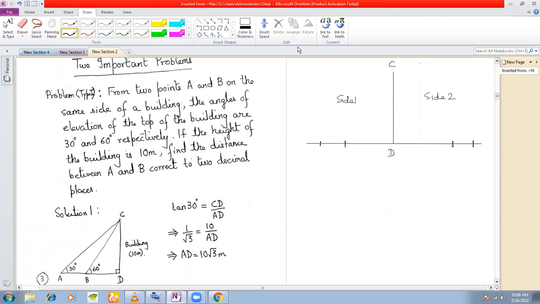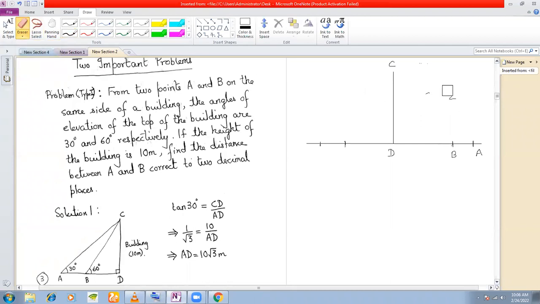So 2 points on the same side. Okay, so let's take any of the side. Let us take on the side 2. Okay, let's call this A, and let's call this B. Let's take this on side 2.